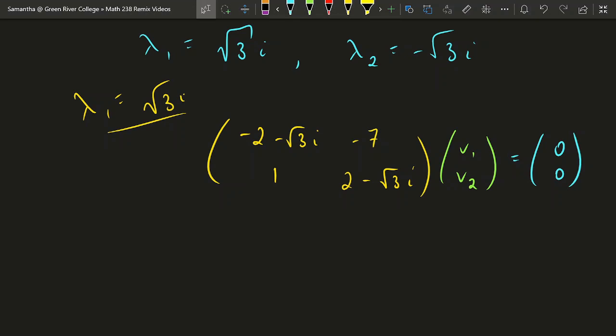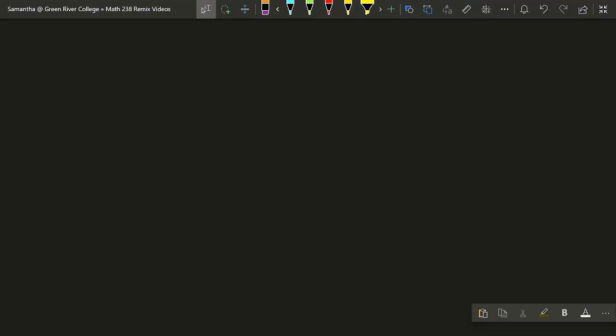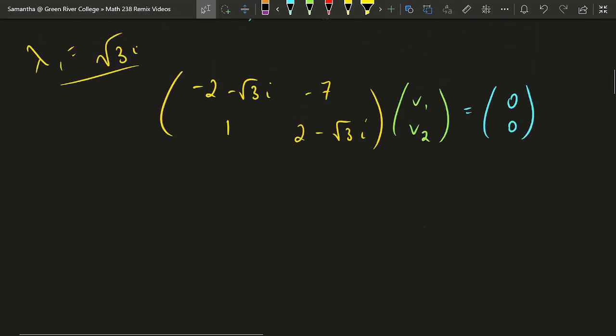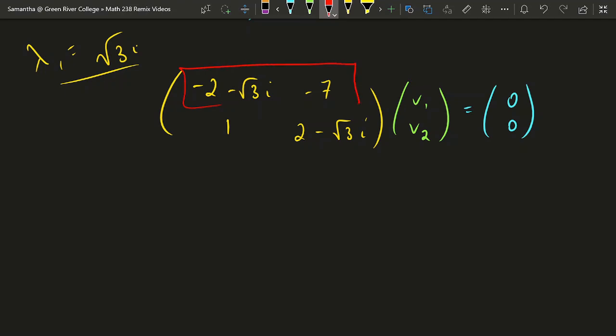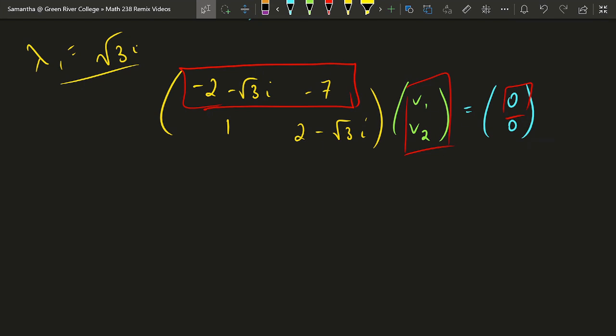Do you remember how every single time yesterday when we were finding eigenvectors of a matrix, we really only had to worry about what was happening in the top row? The top row was the only one that mattered because the second row gave us a redundant equation, an equation that was a scalar multiple of the first.